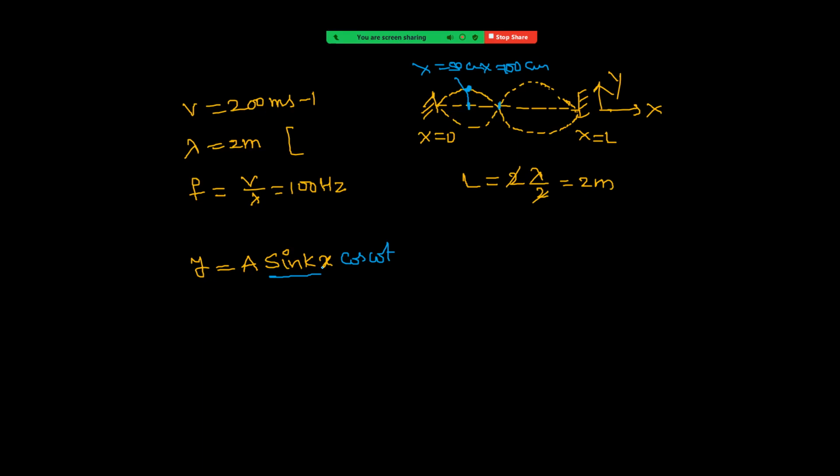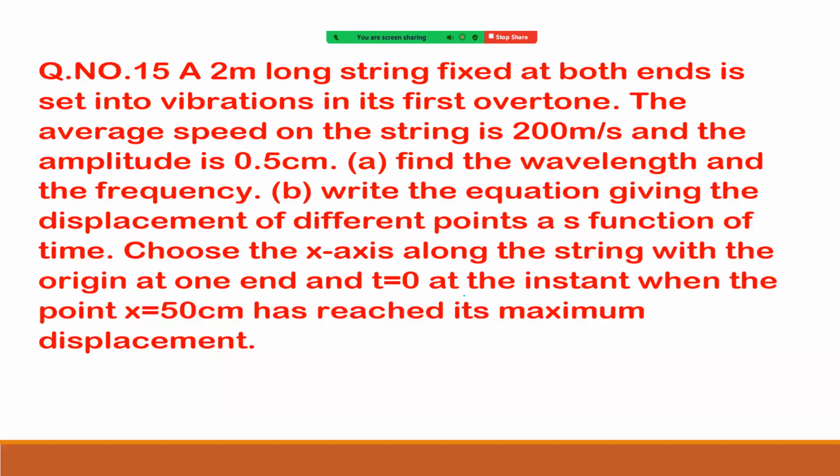Because x equal to 0 is fixed. Why cos omega t? Because the antinode is at its extreme position when t equal to 0. So this is the equation for displacement as a function of position and time. Now in place of k, you can write 2 pi by lambda, and omega value 2 pi f. Then we get the value of pi. Let us see the next problem.